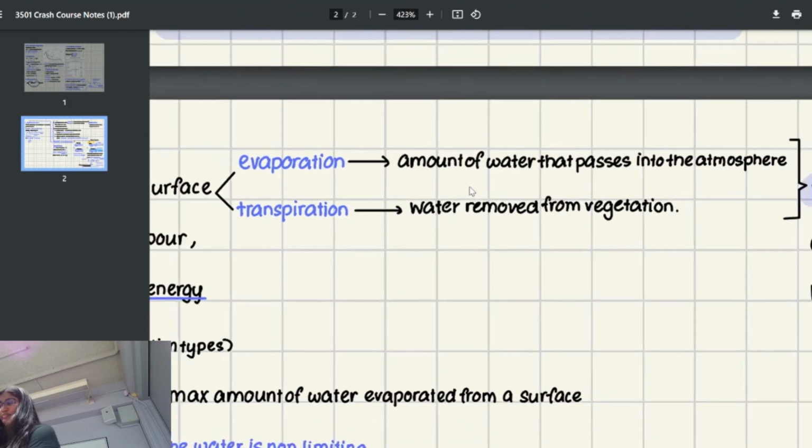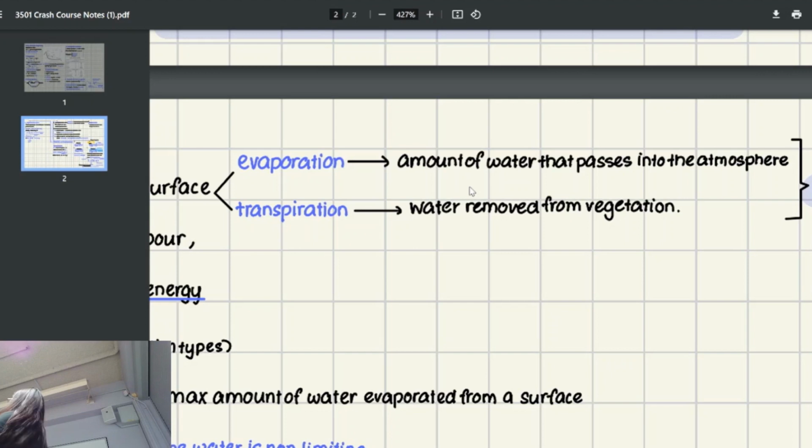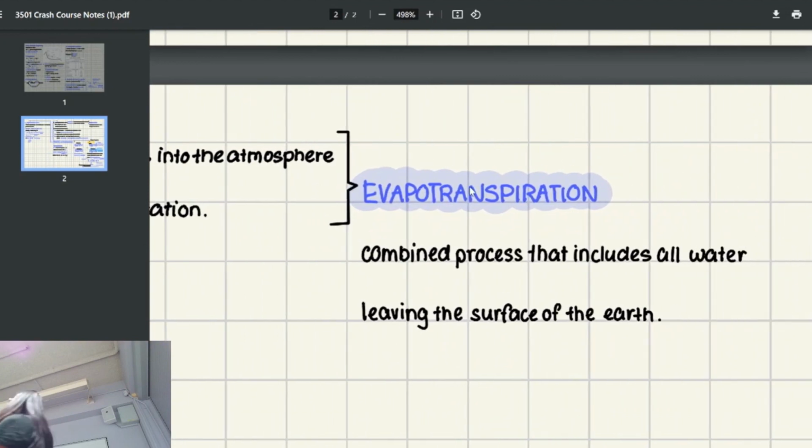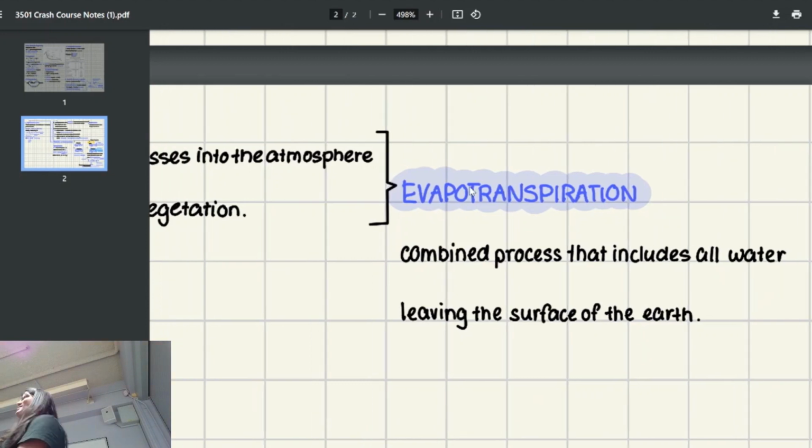When we combine those two terms, we get evapotranspiration, which is the combined process that includes all of the water leaving the surface of the earth and going into the atmosphere. Does that make sense, that whole concept?